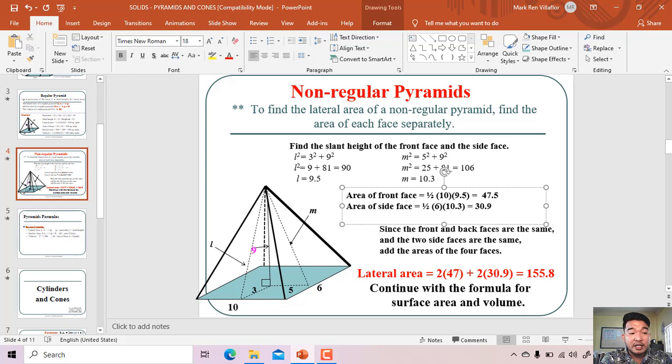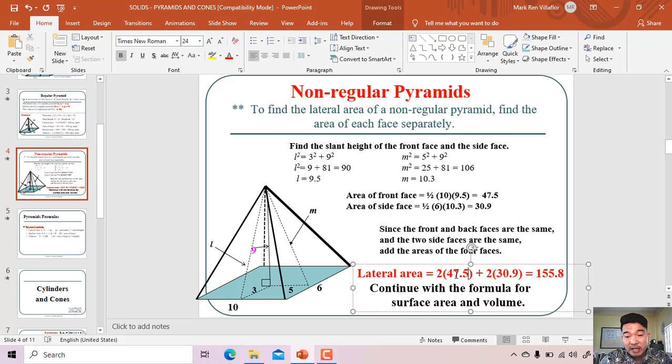And then for the area of side face, you will have 10.3 times 6 is equal to 61.8 divided by 2, so that is 30.9. And since the front and back faces are the same and the two side faces are the same, add the areas of the four faces. So we have 2 times 47.5 plus 2 times 30.9.